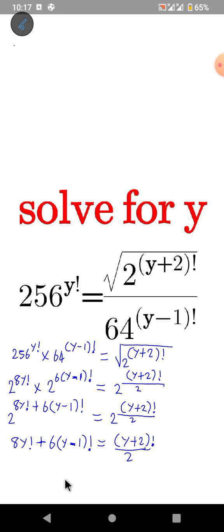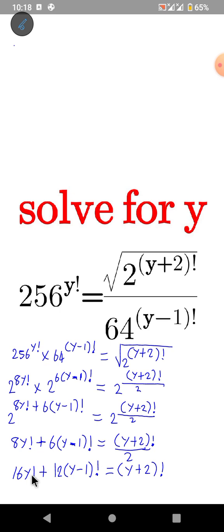Now my next step will be to cross multiply. That means these two will multiply everything here in this equation. Now 2 multiply 8, we have 16y factorial plus 2 multiply 6, so we have 12 bracket y minus 1 factorial all equal to y plus 2. Then we have factorial here.